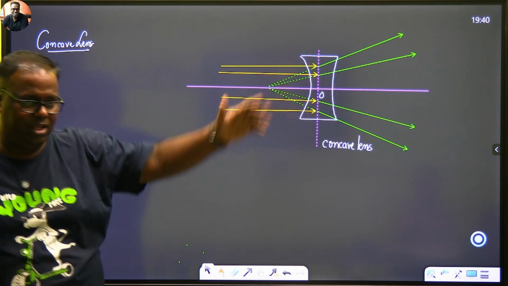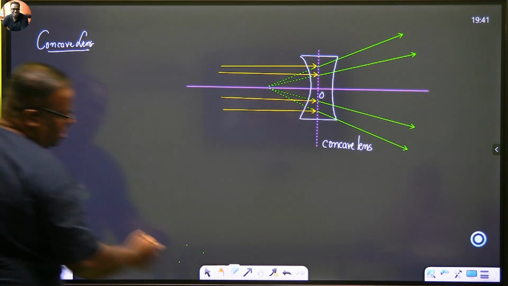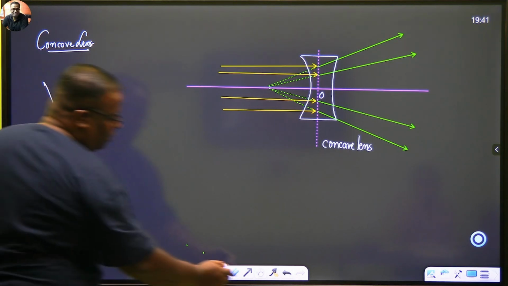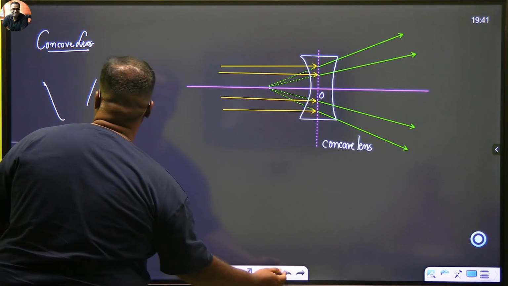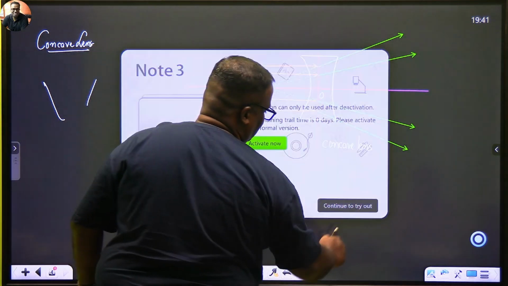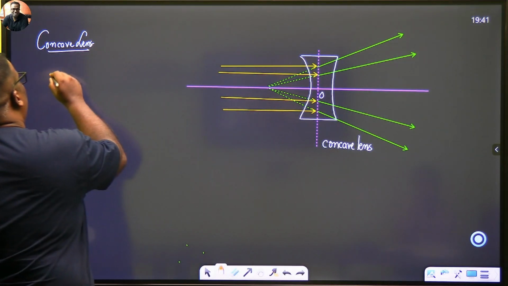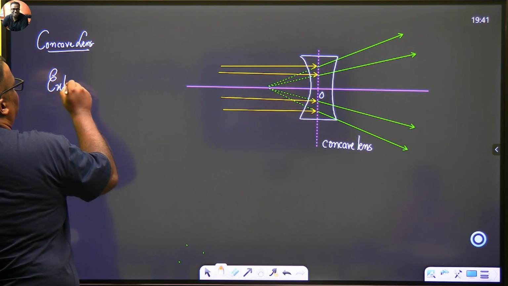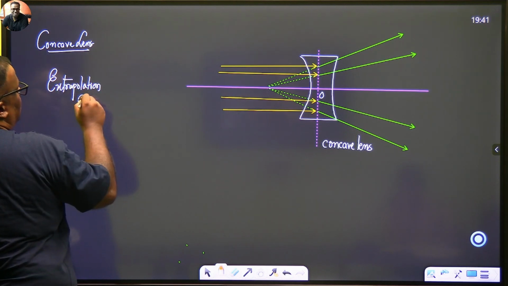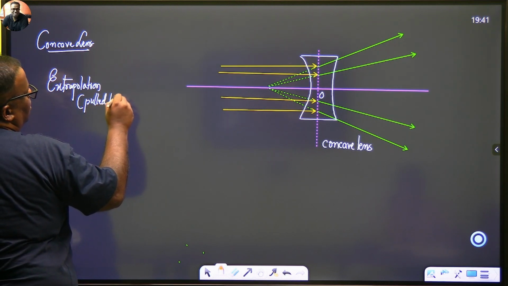They don't meet in front; if they don't meet in front, then somewhere behind they must meet. That is the story that we are trying to pull out here. So in this case, what do we use? We use this English word in optics, the word we will use is extrapolation, or we say the rays are pulled backwards. Pulled backwards.